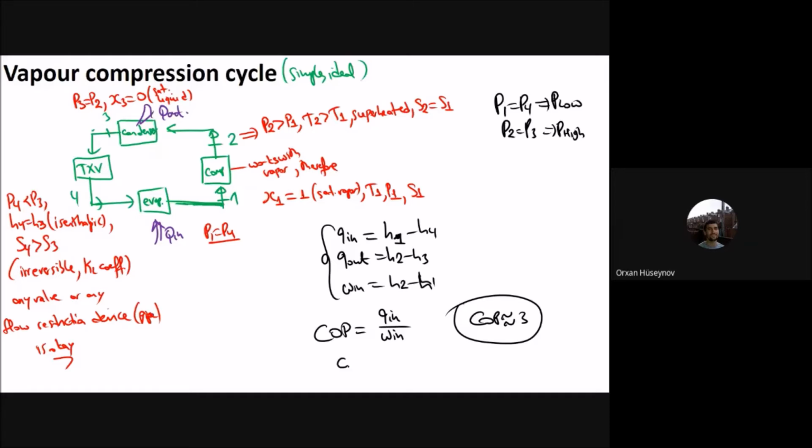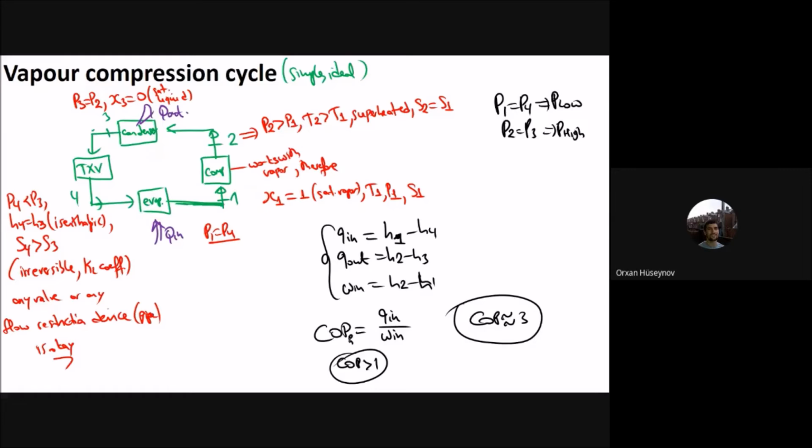At the end, you should remember that COP is greater than 1. It measures the capacity or the efficiency of the refrigeration cycles. It can be 7, it can be 8, but for industrial refrigeration systems, it's about 3 to 4. Good. Let me see if I've said all of the things here.